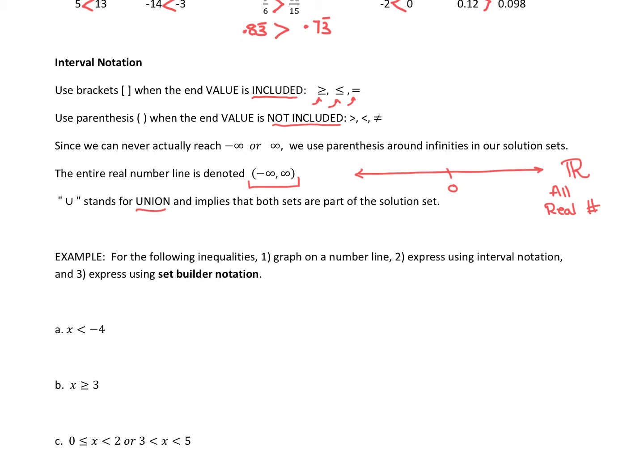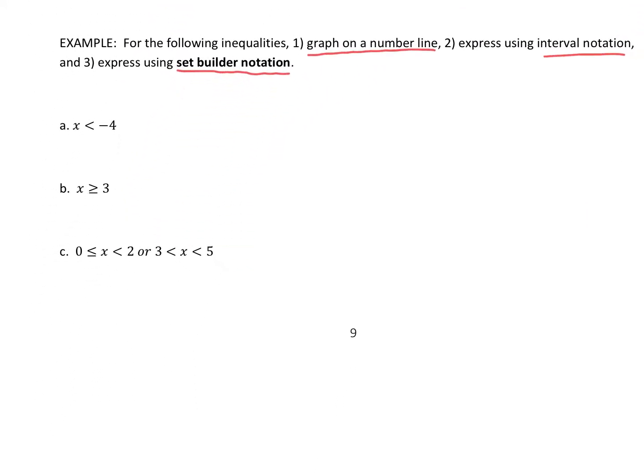So let's take a look at a couple of examples. We're going to first graph these on a number line because that helps us visualize what we want to do for our interval notation. And then we'll use set builder notation. We don't use that very often, but I will put that here in the notes. So if I want to talk about x is less than negative 4, on the number line, here's 0, here's negative 4.